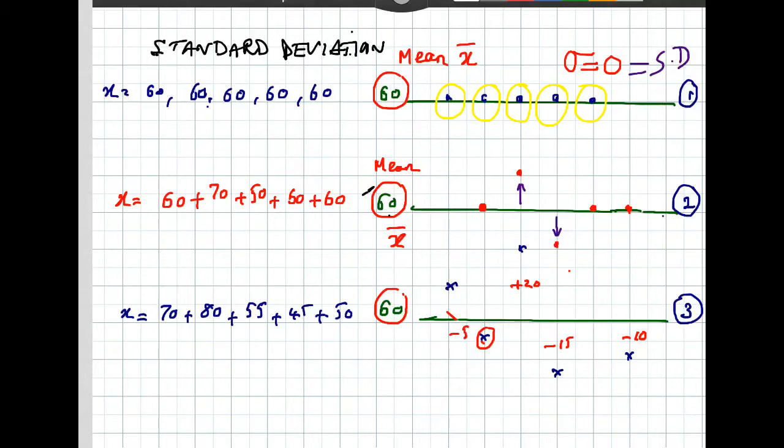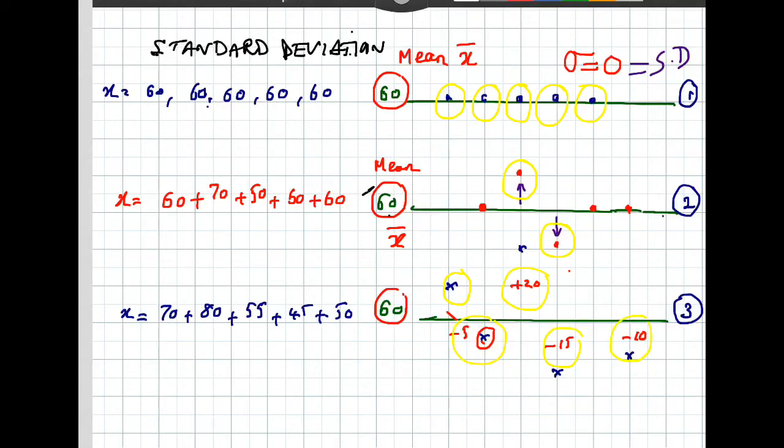In the first case we have no scattering, so 0 divided by the number of points will give you 0 standard deviation. In the second case that will also give us a 0. So really this is not very helpful. If we add all the deviation from the mean, that will give us a total of 0.